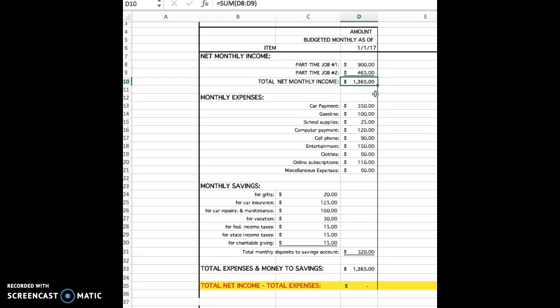It's good to know a bit about formulas because it enables you to change things. So if this particular person who has a part-time job earning $900, if that is not 900, but let's say it's 1,000, then look at what happens to the total. The formula automatically adds up the two.